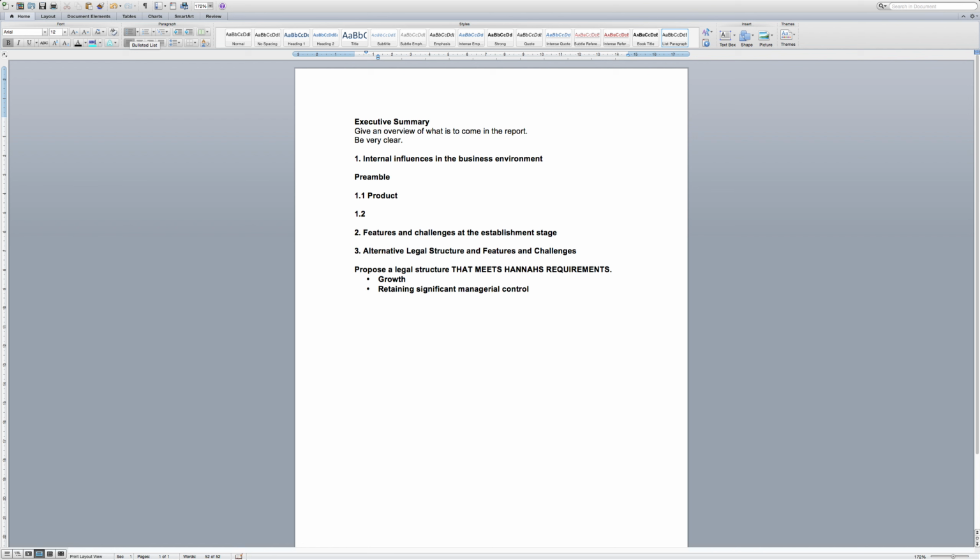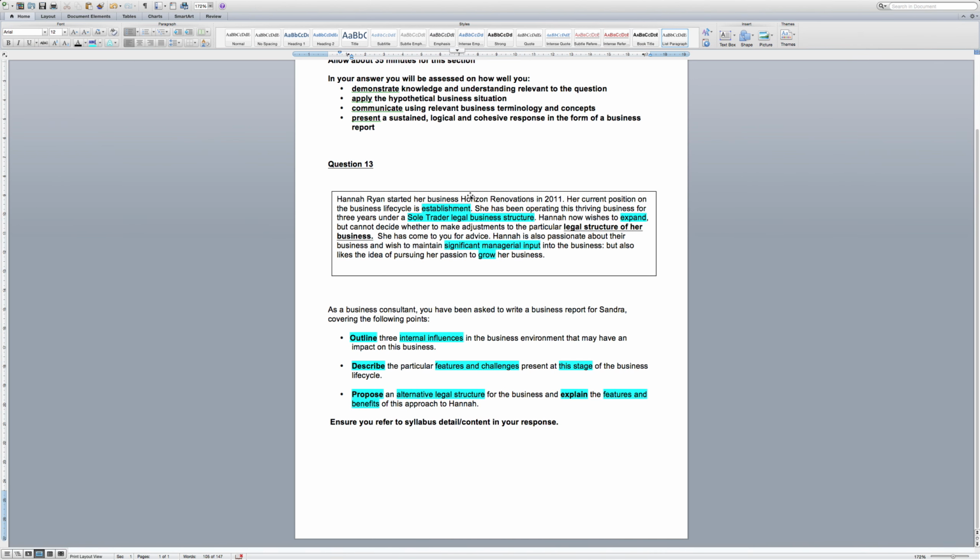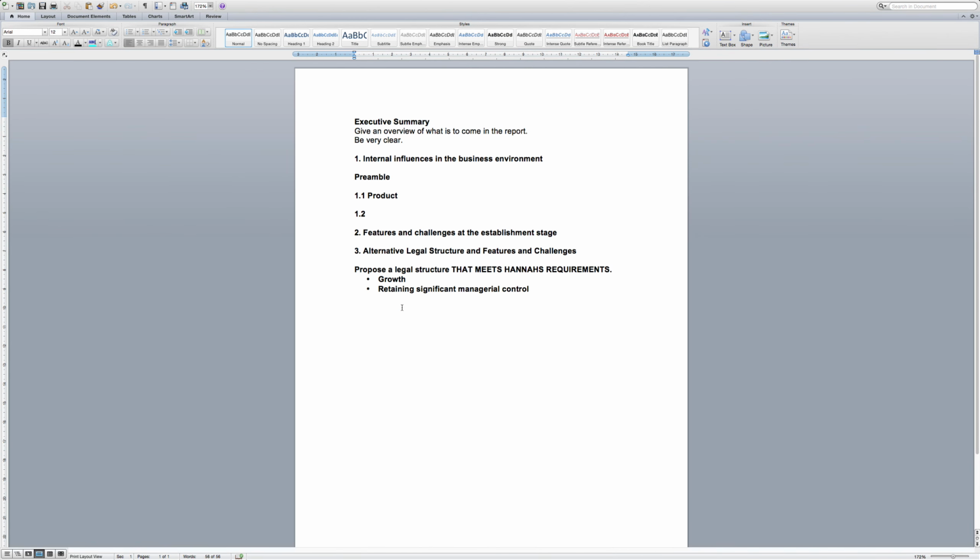So that tells me automatically that some of those structures might be out. And that's up to you to have a look at. Because some of those structures will lead to HANA having to give up control of her business. And we don't want to do that. We don't want to recommend something that she doesn't want. So, and then of course you're going to add all the features and challenges underneath that.